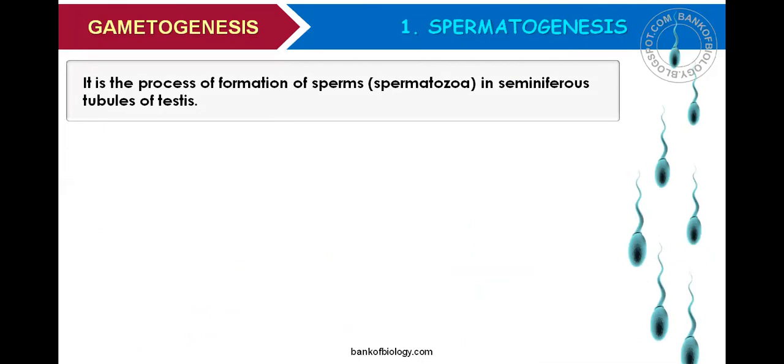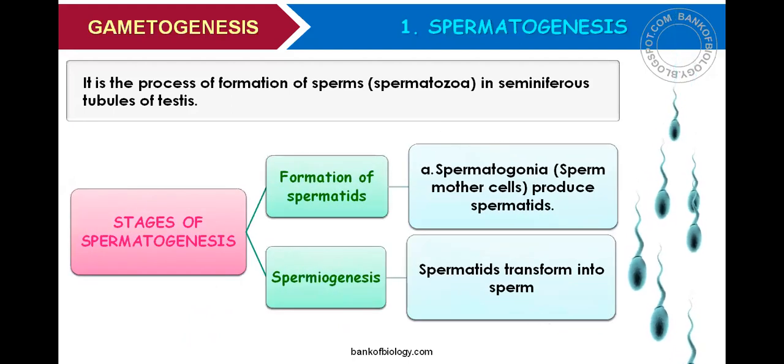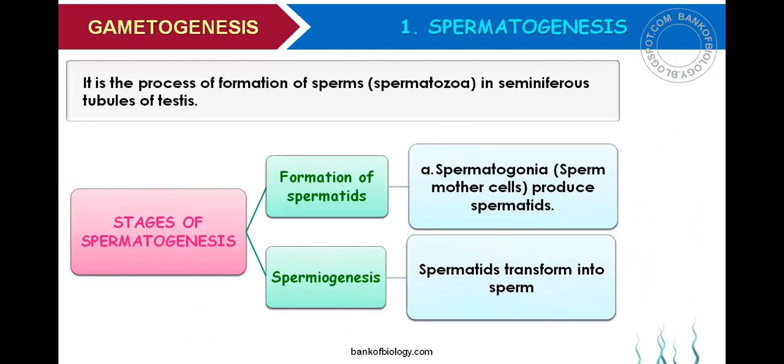Spermatogenesis is the process of formation of sperms in the seminiferous tubules of the testes. Stages of spermatogenesis: up to the formation of spermatid, and then spermiogenesis.